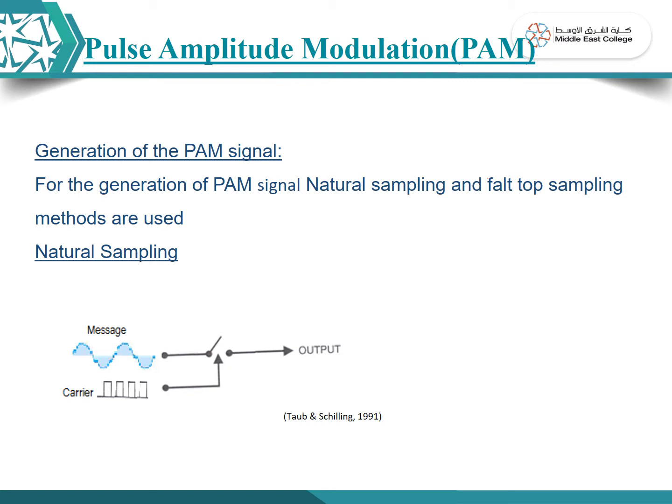Now when the carrier is 0, the switch will be open, so nothing will be obtained at the output. Your output will be equal to 0. Again, when the switch is closed, the corresponding amplitude of the message signal will pass. So it will generate a natural sampled output. This is a simple way to generate natural sampling.